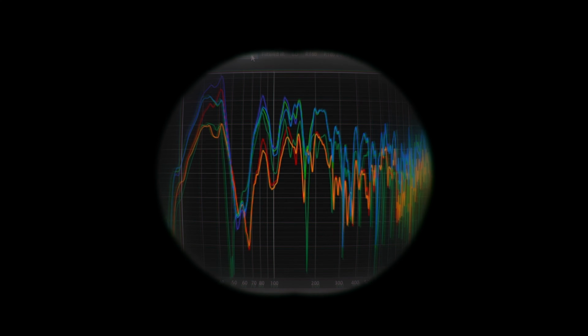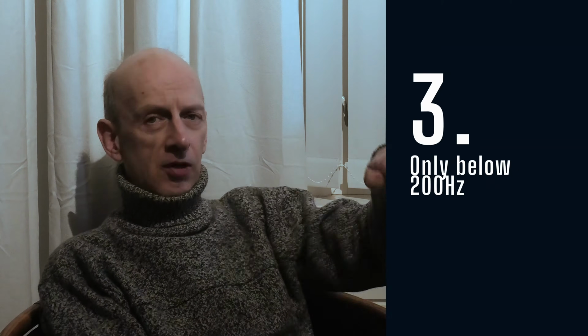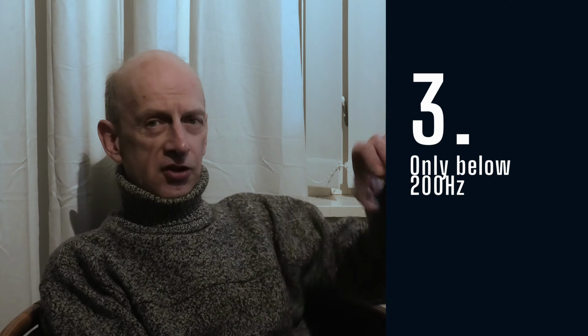It's below 200 Hz. But when we don't see the rest of the frequency response, the graph that goes upwards, then we have no context. We don't see the level, we don't see the deviations and so on, and the tilt of the curve in relation to the whole frequency range.